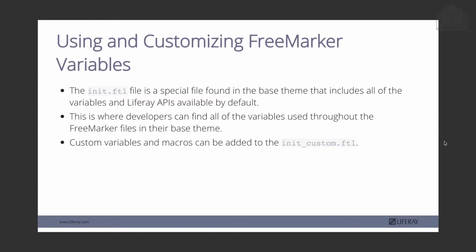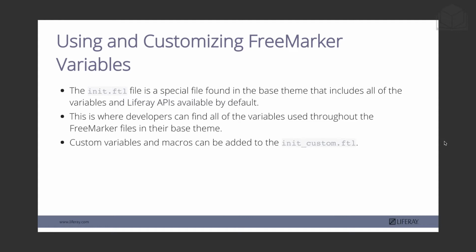It's just simply an HTML source file for us. Now, additionally, there is an init FTL, okay, an init FreeMarker file. And what the init FreeMarker file does, you'll find this in your build. Again, we'll actually open up the code when we build this together. This is where you will find all of your default variables. So Liferay in the base theme has already given us some of Liferay's API to work with.